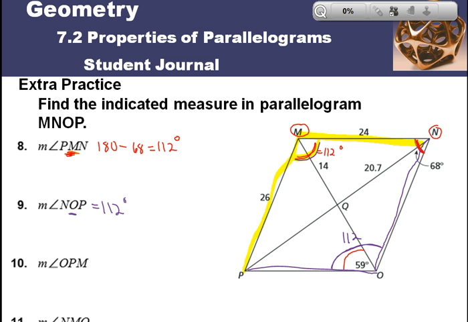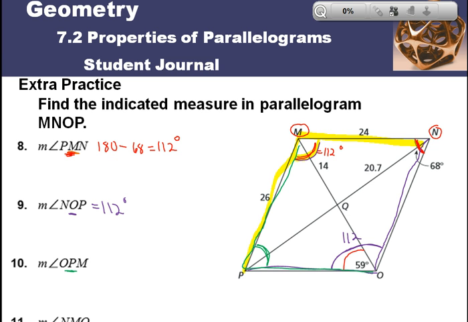So again, the important letter there is P. So we're going to start at O and go all the way over to P and up to M. So that's this big angle here.